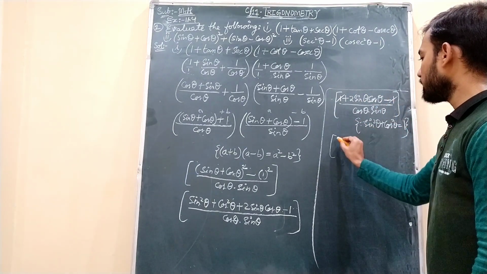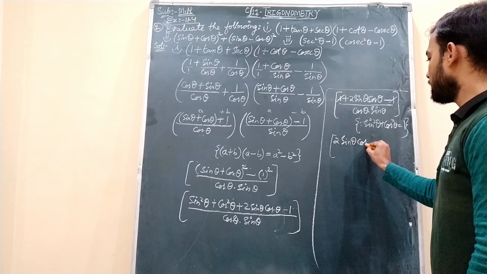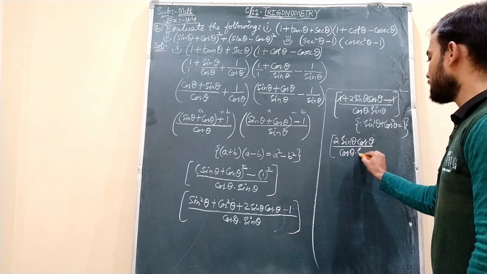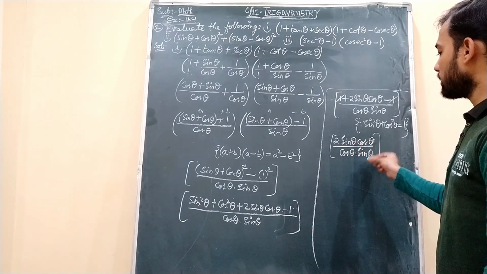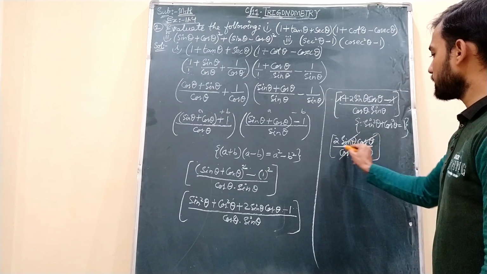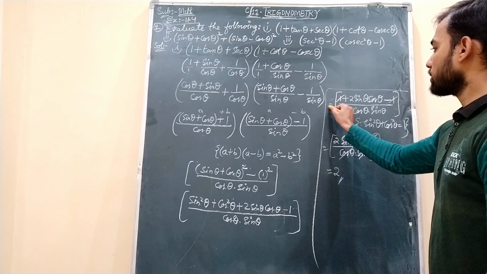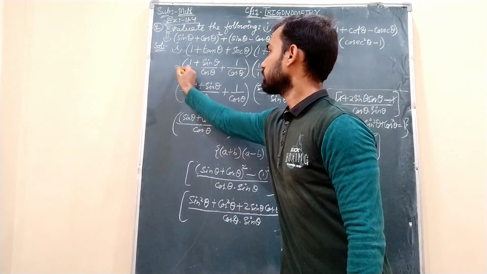What remains in the numerator? 2 sin theta cos theta divided by cos theta into sin theta. Okay. They are in multiplication and they are also in multiplication. So this cos theta, this sin theta gets cancelled. Answer is 2. Okay, students. The value of this first expression we got as 2.